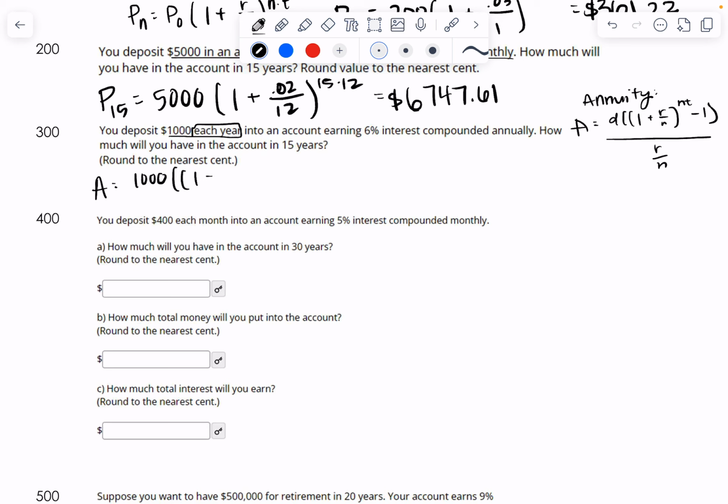And then it's 1 plus the interest rate. It's compounded annually, times 15 years, and then we have our minus 1, and then you have your denominator. So I'm going to take a minute and plug all that into my calculator.